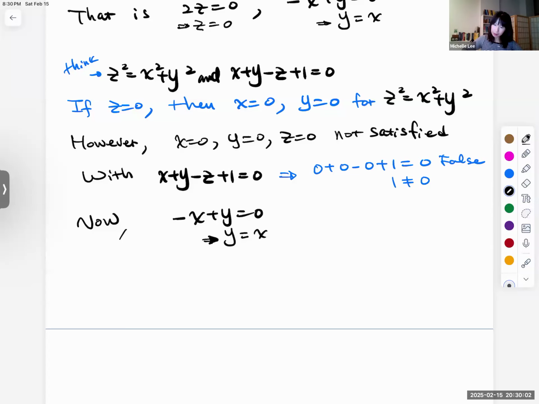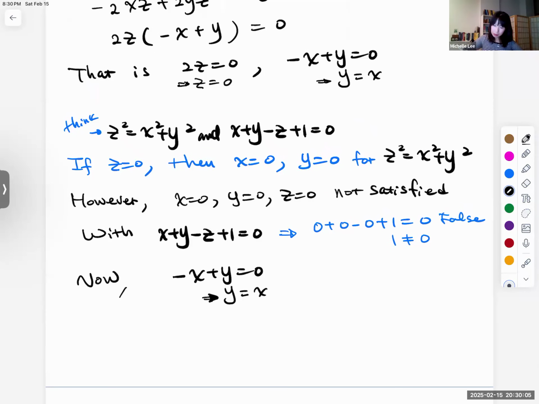And then we also had the first constraint, right?